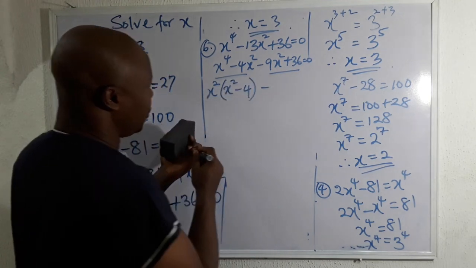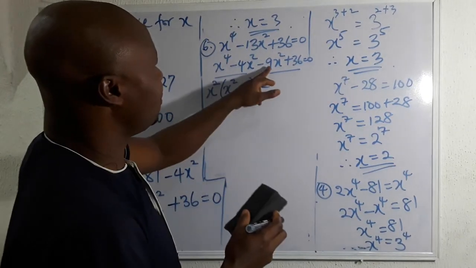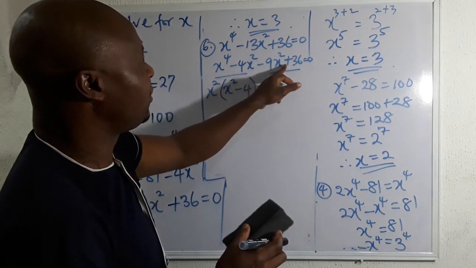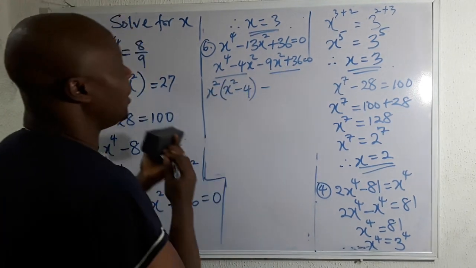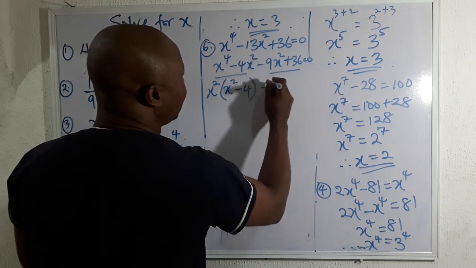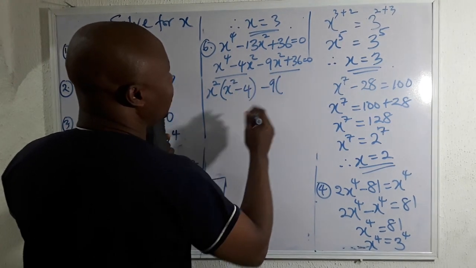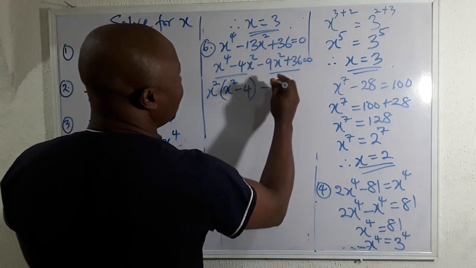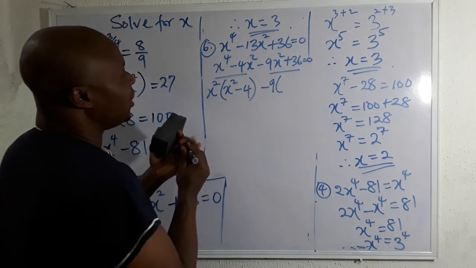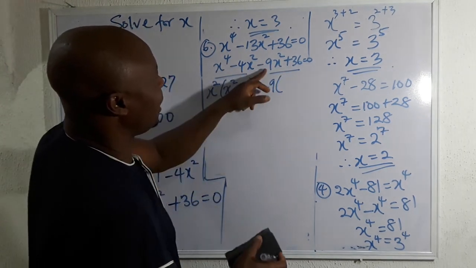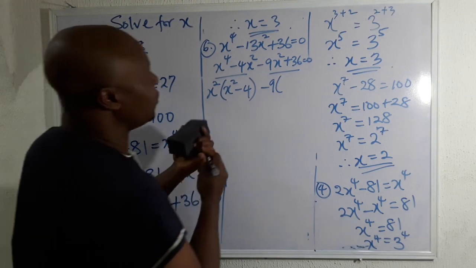This minus, what is common between this term and this term? The constant first, 9 is common. So 9 into 9x squared divided by 9 gives us x squared.